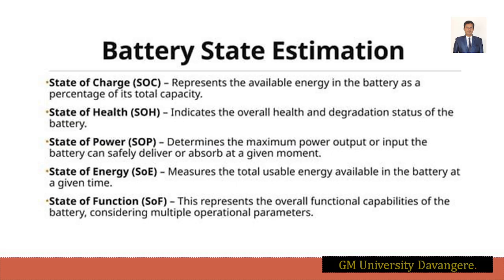We'll see why these are very important. Take the SOP, the state of power. Why is it needed, and what is its purpose? If the SOC is 80%, but the battery is at -5 degrees, and the SOP limits the power to be very low, you can press the accelerator and the car won't respond.